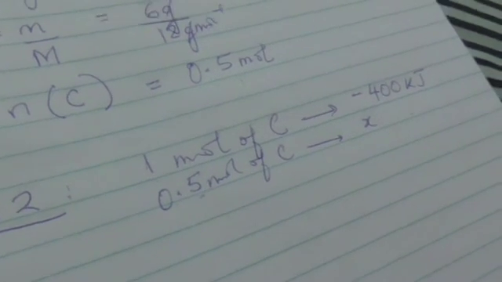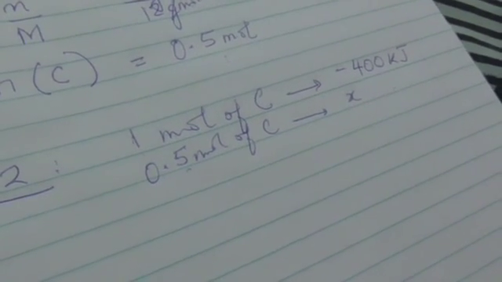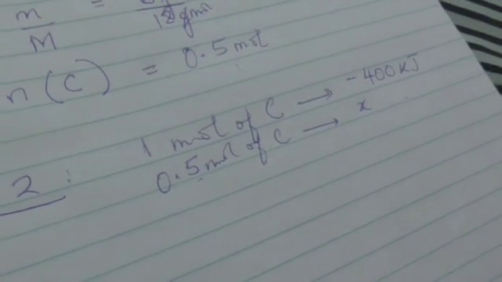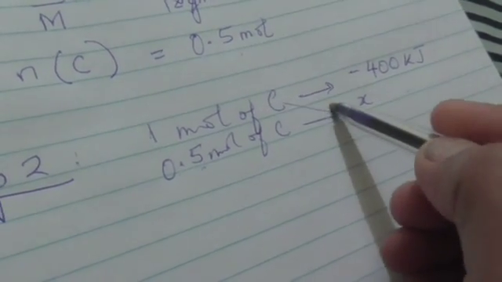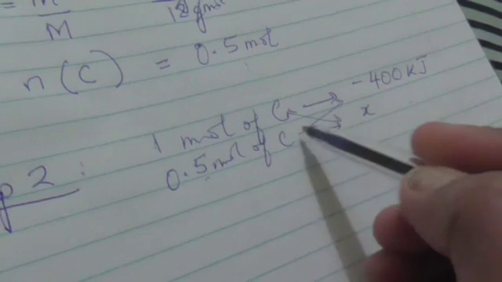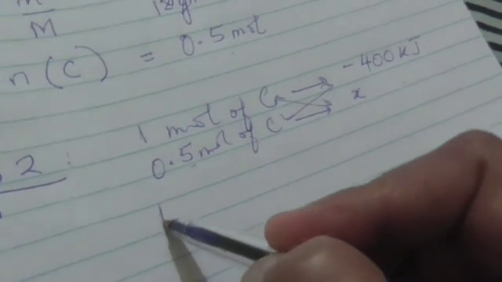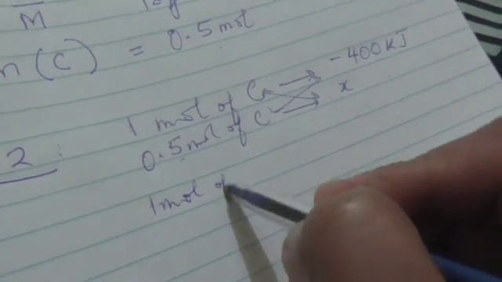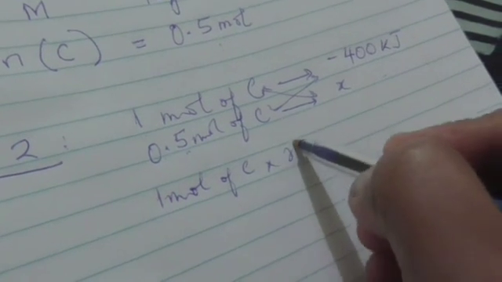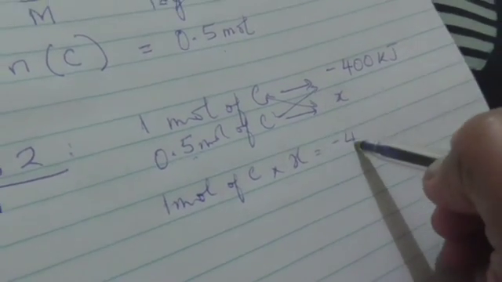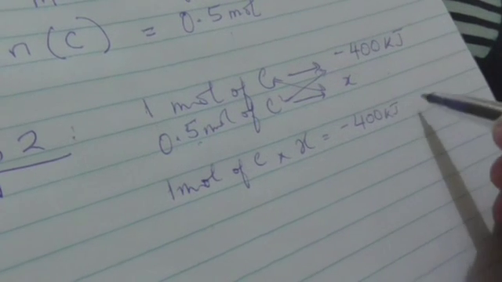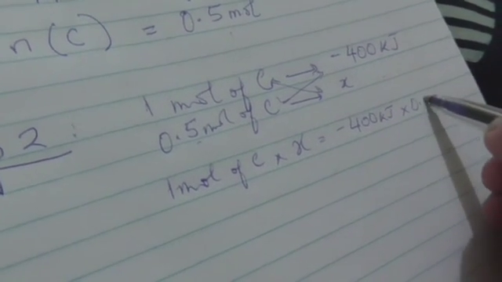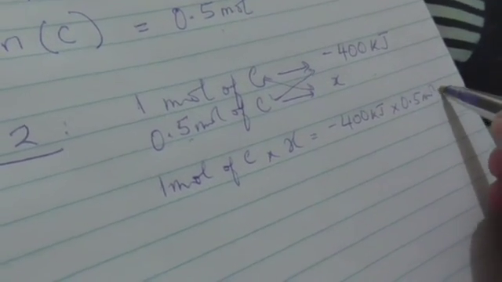So that's pretty much something you don't have to go through the normal steps. But if you want to stick to the steps, you can do that. We're going to cross multiply and then solve for x. So that's going to be 1 mole of carbon multiplied by this x is equal to negative 400 kilojoule times 0.5 mole of carbon.